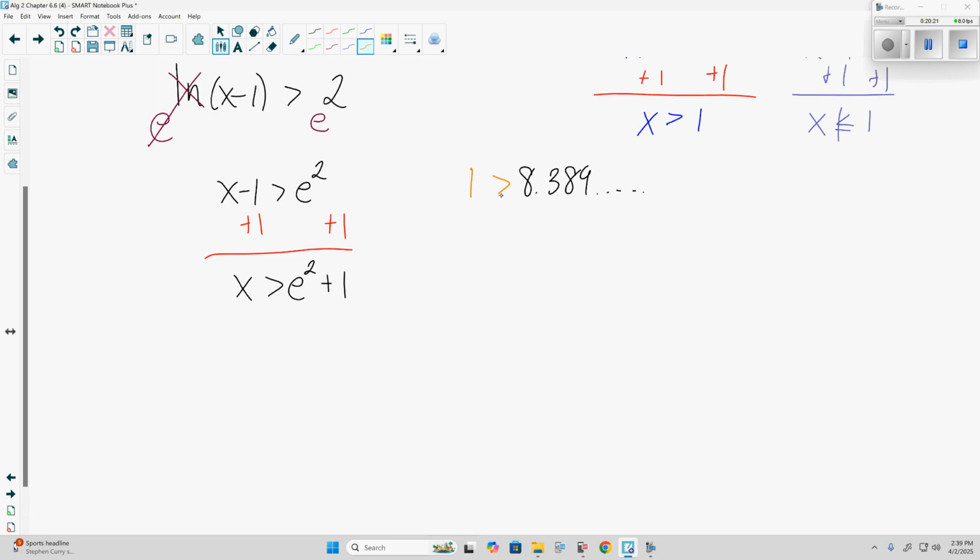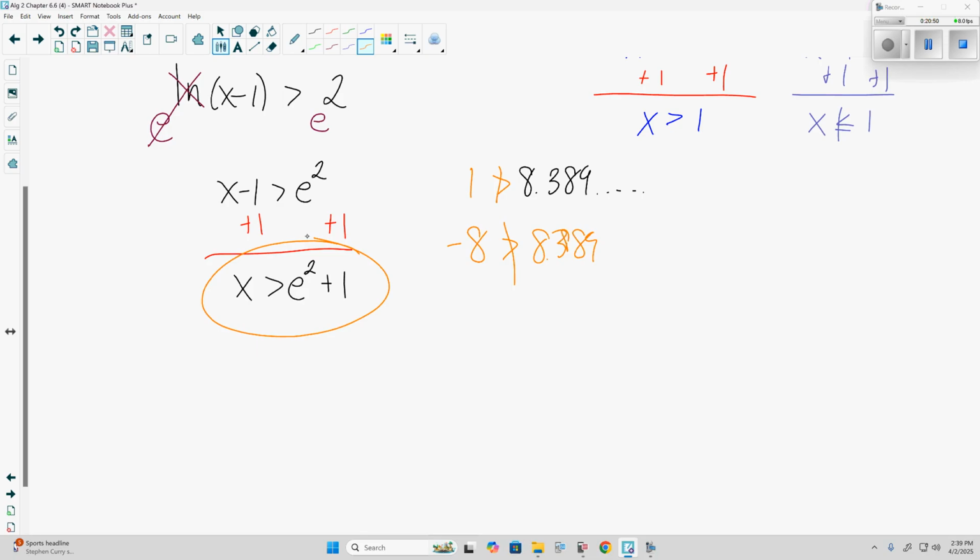No. -8 would also be a restriction. Is -8 greater than this? So are any of our restrictions contained in this solution? No. So that's it. Since the values that would be restrictions are not in the solution set we got, we don't even have to list it.